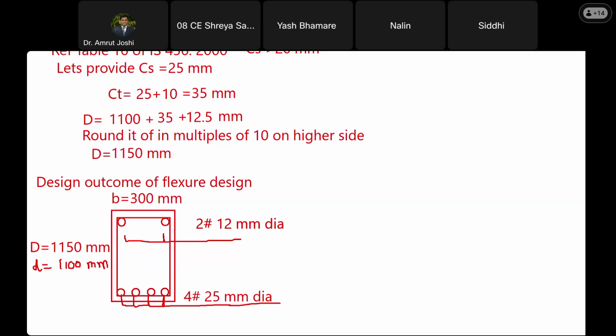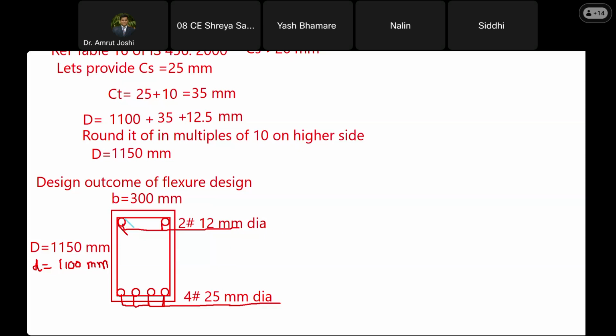They will be used as anchor bars. Happy? Yes, sir. And in this shear reinforcement, I am going to add 2 more things. This is called the hook of the shear reinforcement. To understand what this hook is, I'm going to show you a small video in a while. Are you with me?